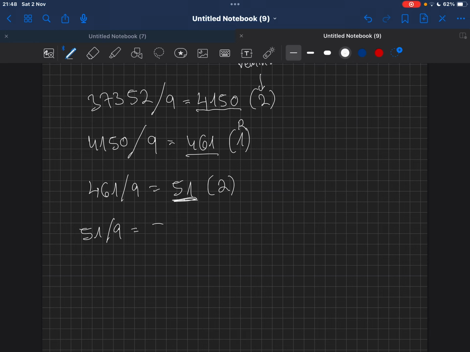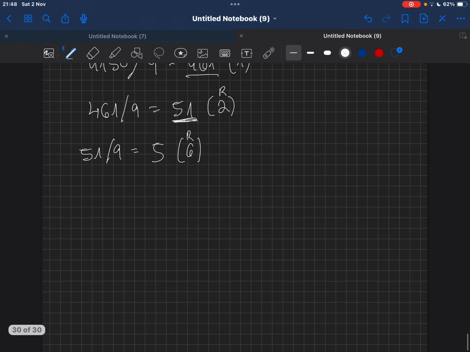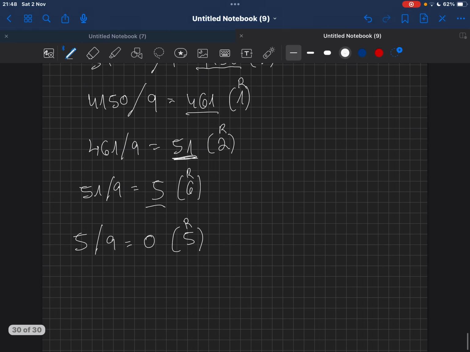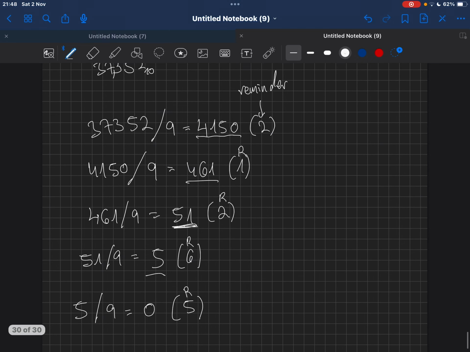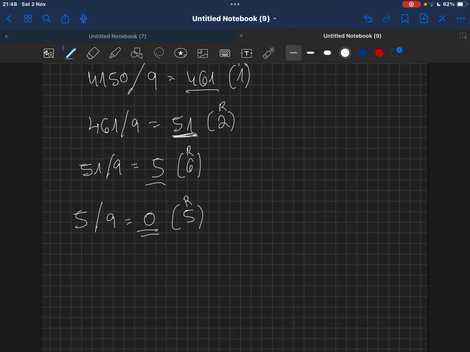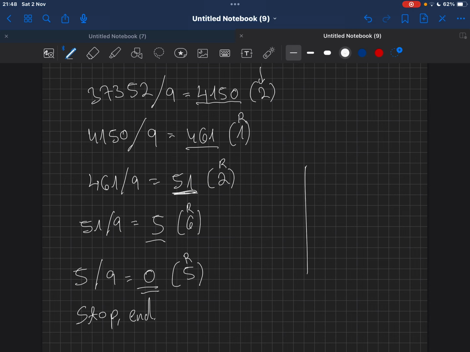Proceed with 51 divided by 9, which gives 5, that's 45, and a remainder of 6. Continue with 5 divided by 9, and here we get to 0 with a remainder of 5. Now we stop because we got to 0.